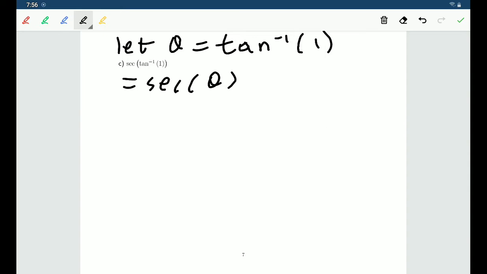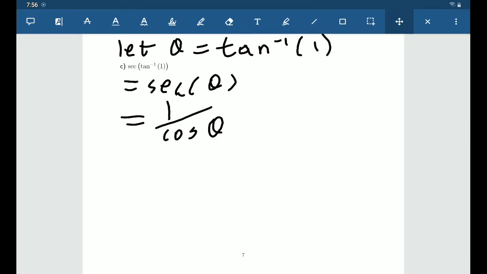And I'm already thinking ahead that once I find theta, I would use the fact that secant is the reciprocal of cosine. So actually what I'll be calculating is cosine of theta, and then I'll take the reciprocal of that, and that will give me secant of theta, which is the same thing as secant of tangent inverse of 1.